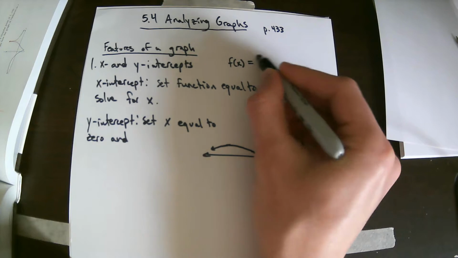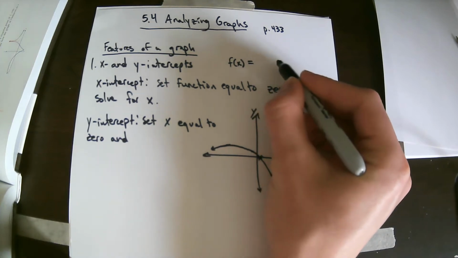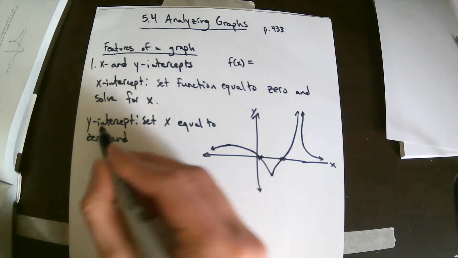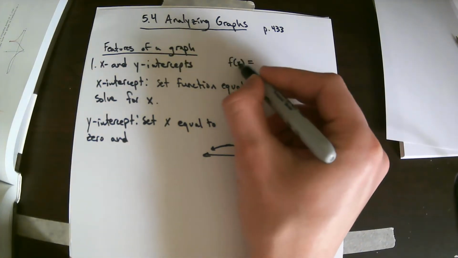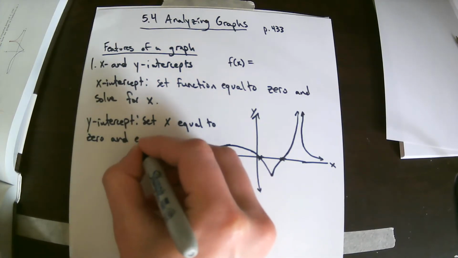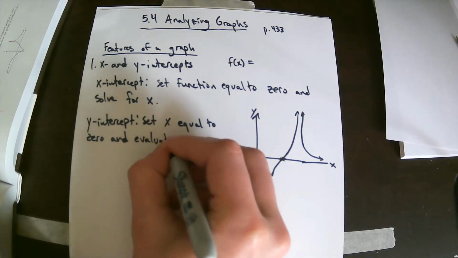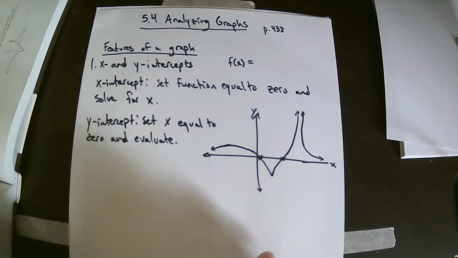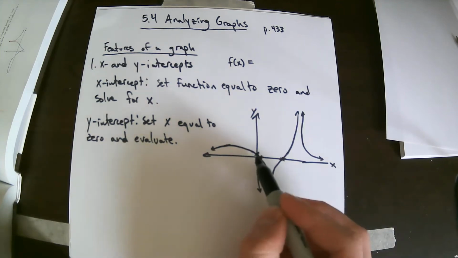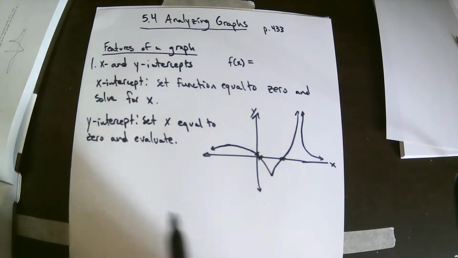So some function of x happening over here. I don't have to say solve for y here, because the output value is already by itself, so I can just evaluate. And the y-intercept would be, of course, that value where the function crosses the y-axis.